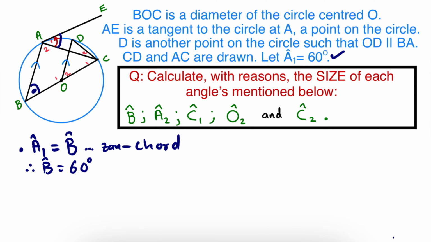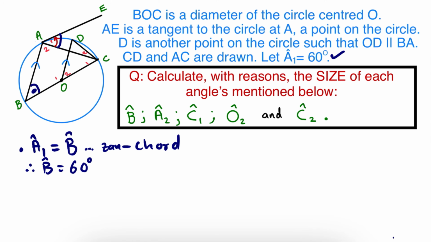Now let's solve for A2. A2 is an angle on the circumference. Remember, we are given that BOC is a diameter. So if BOC is a diameter, remember, a diameter will always subtend a 90 degree angle at the circumference. So therefore, it means our A2, which is an angle at the circumference, all right? Our A2 will be 90 degrees.